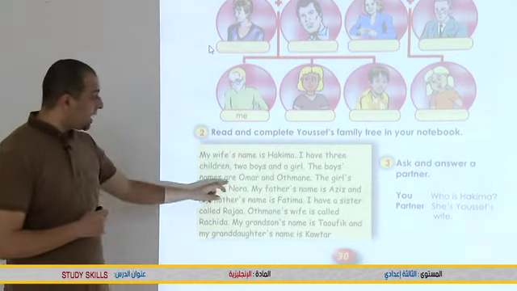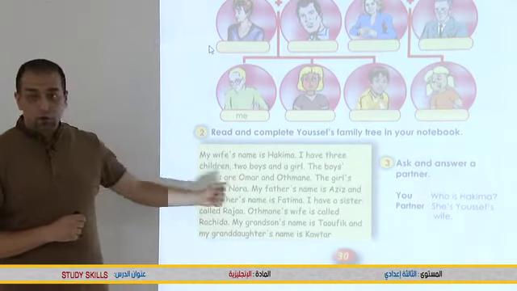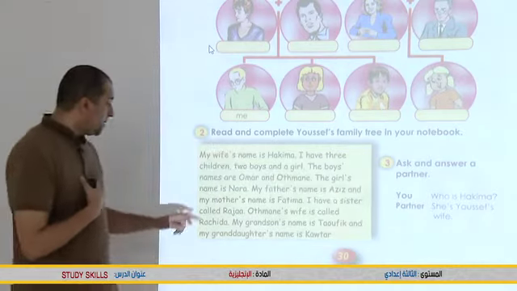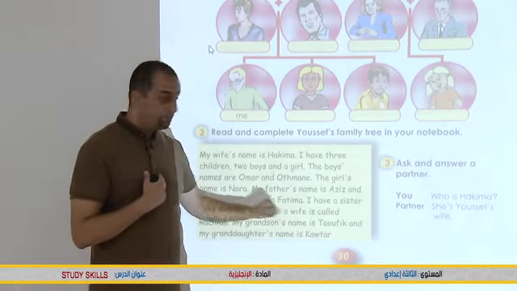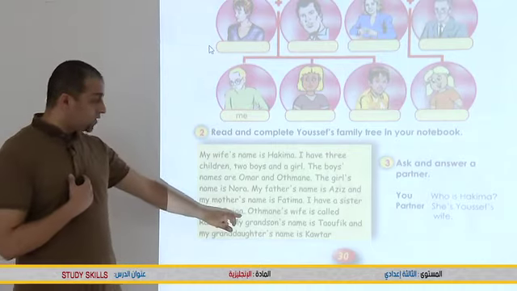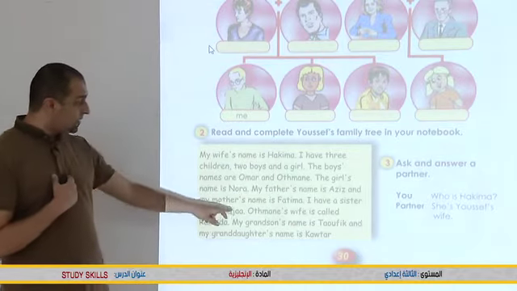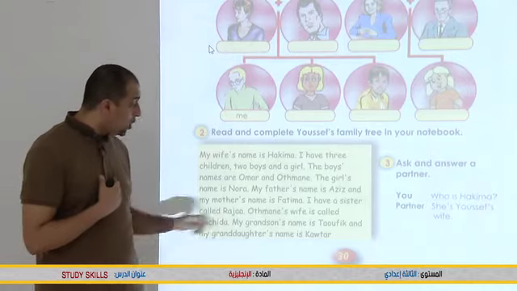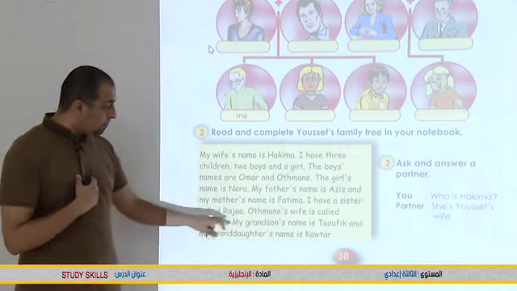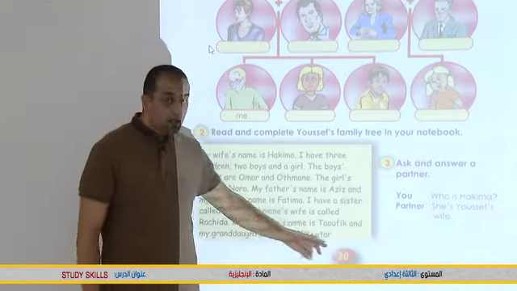The boys' names are Omar and Uthman. The girl's name is Nora. My father's name is Aziz, and my mother's name is Fatima. I have a sister called Raja, which means her name is Raja. Uthman's wife is called Rashida. My grandson's name is Tawfiq, and my granddaughter's name is Kautar.